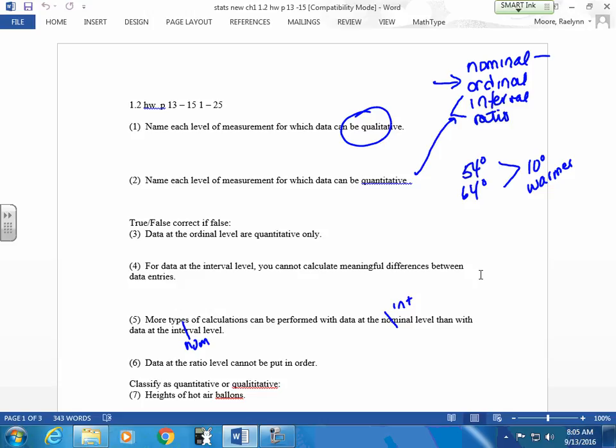If we're looking at heights, can we put the order in heights from smallest to tallest? Can we put weights from lowest to highest? Can we put your grades from highest to lowest? I can make them in order, right? And I can still calculate a difference between them. And I can still make a ratio out of them. So any of these levels have all of the characteristics of the ones before as well.